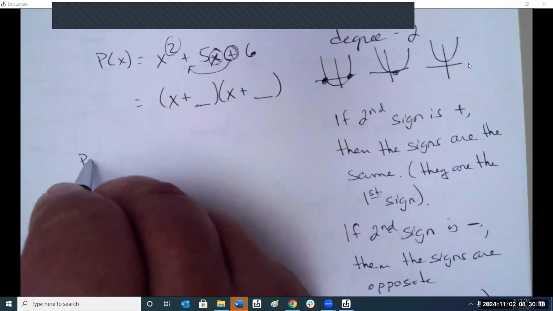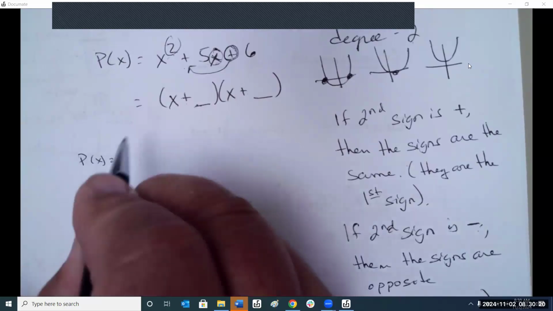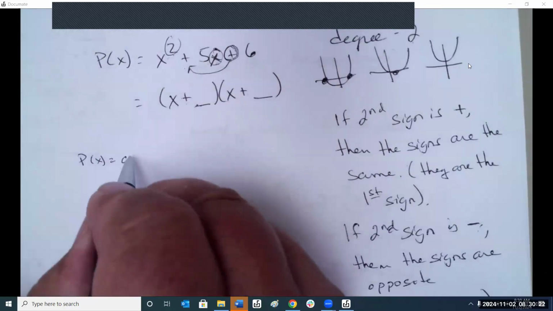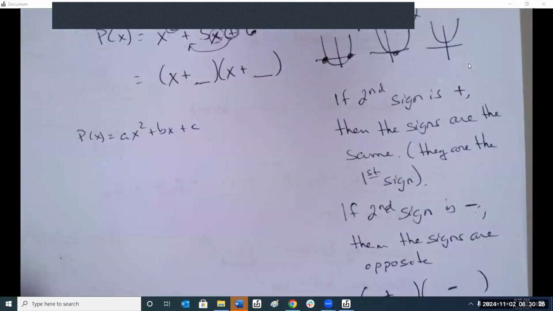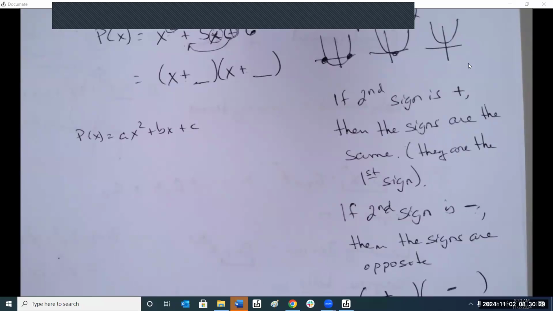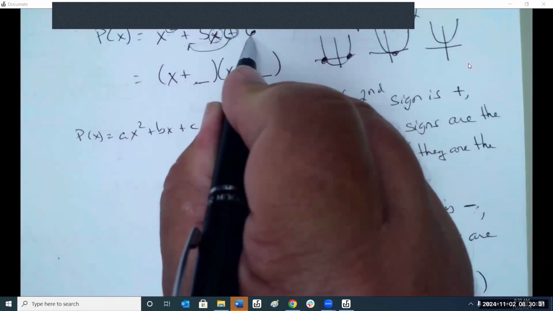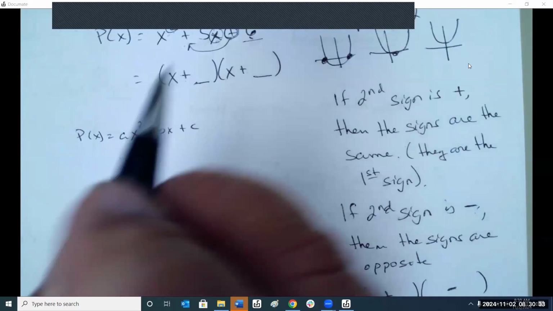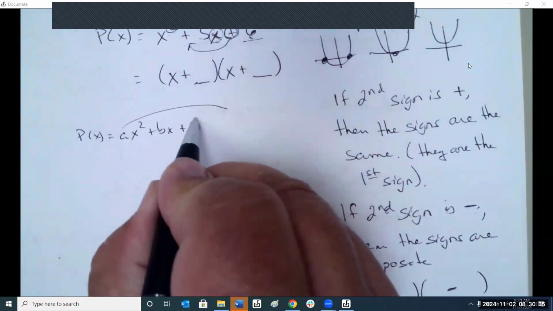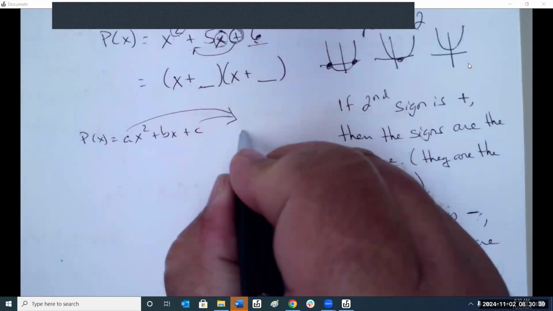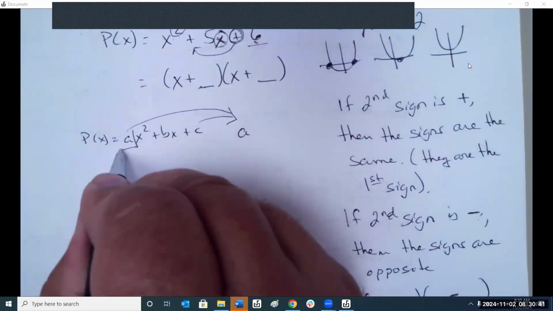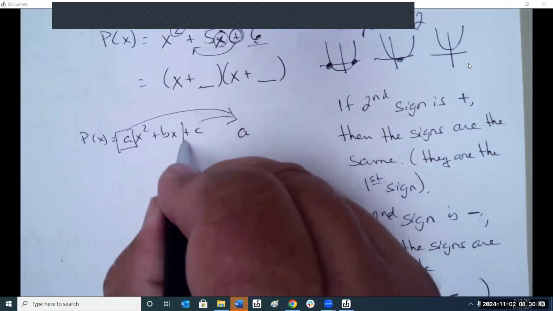Remember, a polynomial, in this case quadratic, looks like this. To figure out what numbers make up this, first take the leading number and the last number.